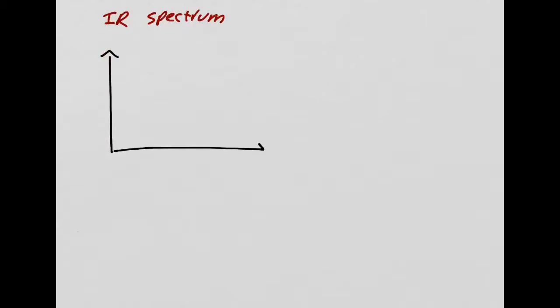Here's what I wanted you to know. We're going to talk about the IR spectrum. An IR spectrum, of course, is going to have an x-axis and y-axis. Now, I don't want to put the arrows here. Hopefully you didn't put them either. On this side, we are going to have absorption.